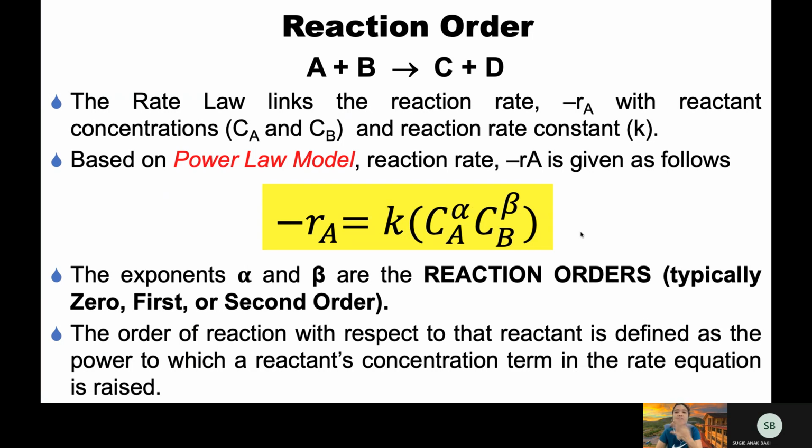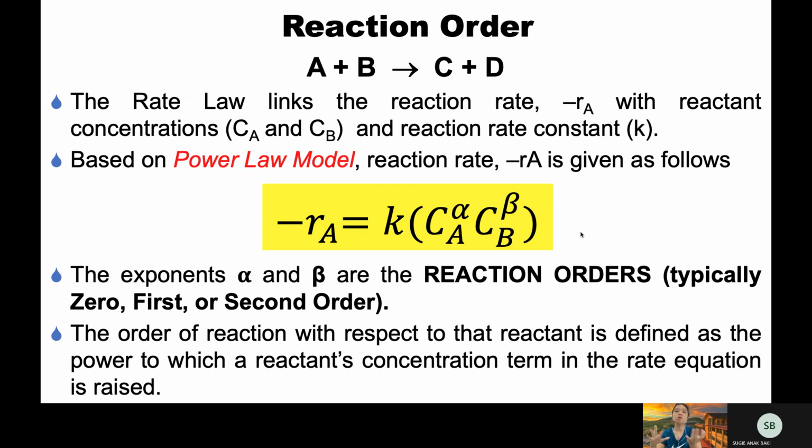How do you define compound A? Compound A is the reactant. It must be a reactant. If you have one reactant, automatically that reactant will be your A. However, if you have more than one reactant, we will always consider the limiting reactant as your A. It means we will only measure the concentration of A with time, then we will get the rate of reaction, which is minus rA.